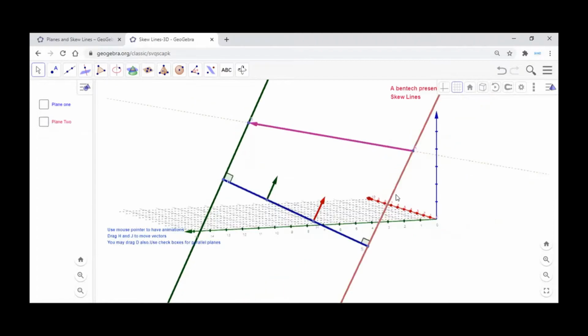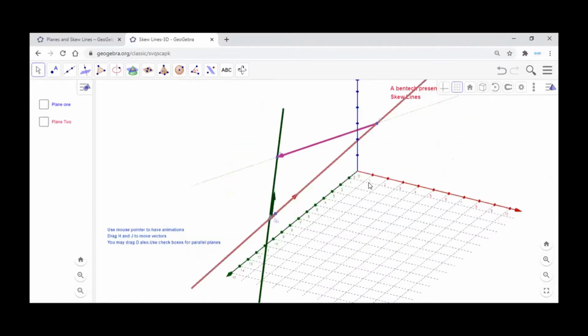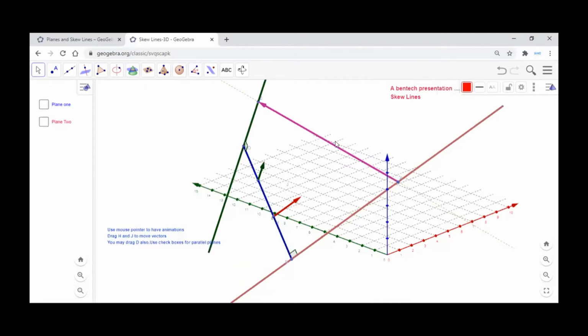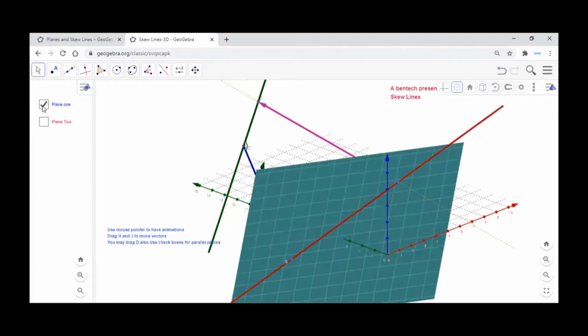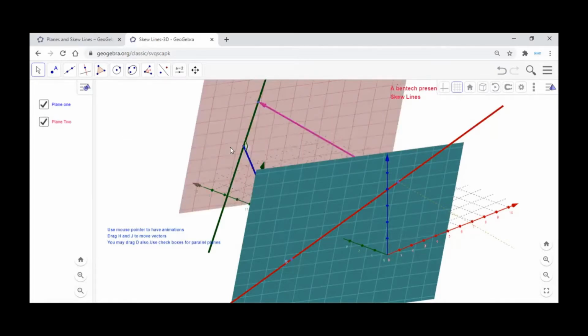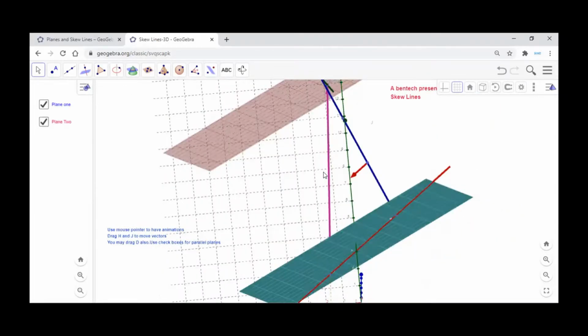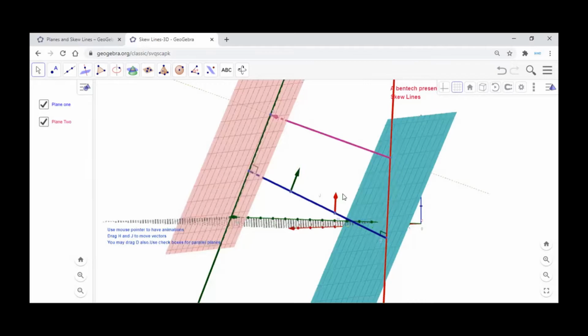It seems like it, see, if you take it like this, but they are not intersecting because they are in different planes, and they are also not parallel. So let me show you by taking the plane also. This red color line is in one plane and the green color line is in another plane. So whenever you take it like this, they will never intersect and neither are they parallel.